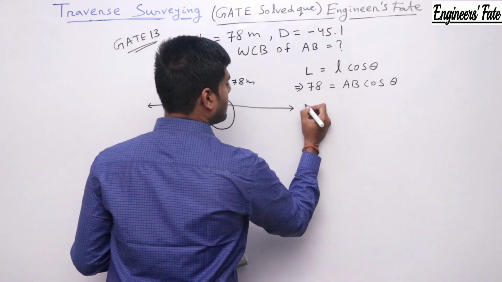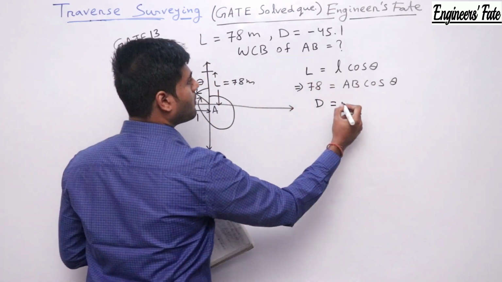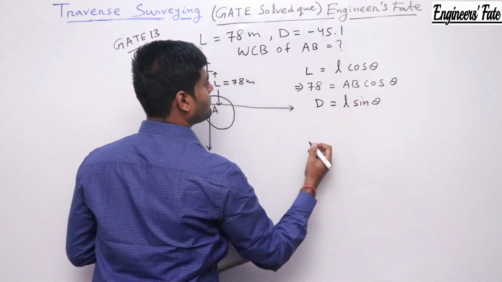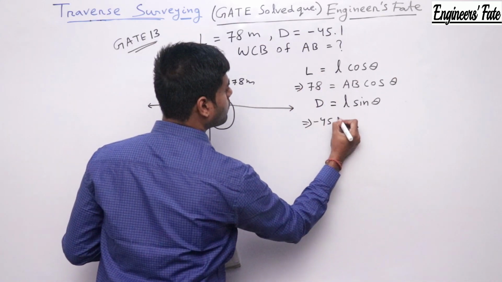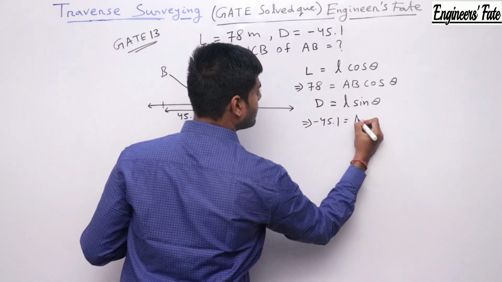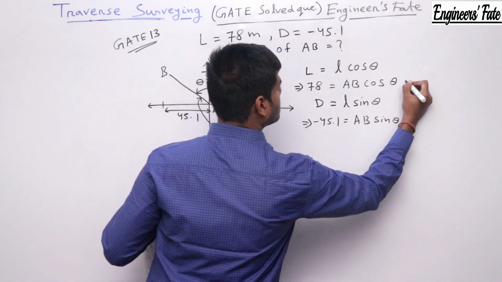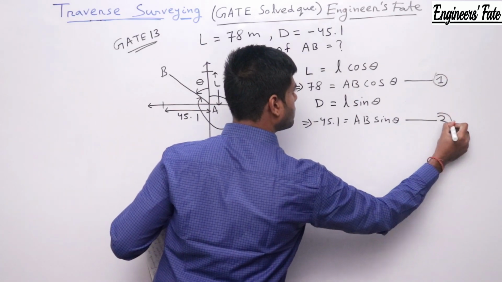Now departure equal to L sin theta. The departure value is given as minus 45.1, equal to L, here AB, sin theta. So this is equation 1 and this is equation 2.